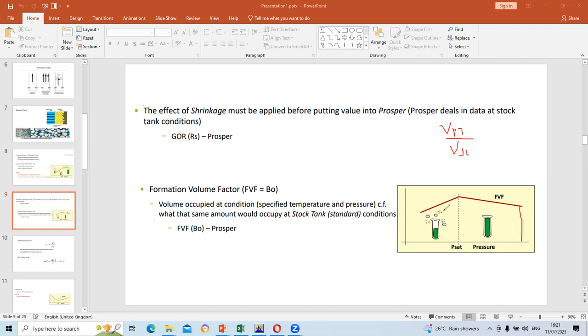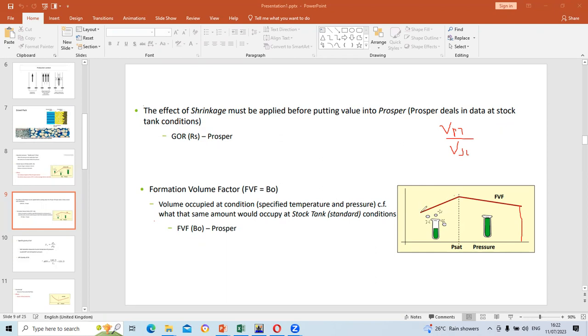So as pressure is reducing, it is expanding, yes, because of reduction in pressure. It is also shrinking. Why? Because gas is being liberated. So there are two things taking place at the same time: expansion and shrinking. The problem now is which one outweighs which. So the effect of gas liberation outweighs any other effect.